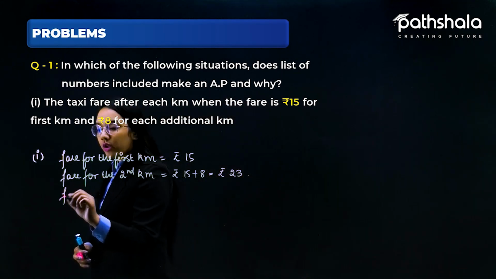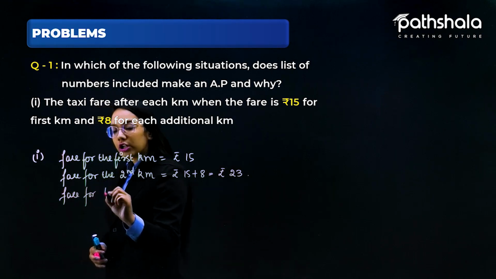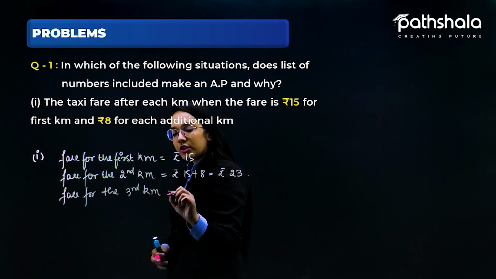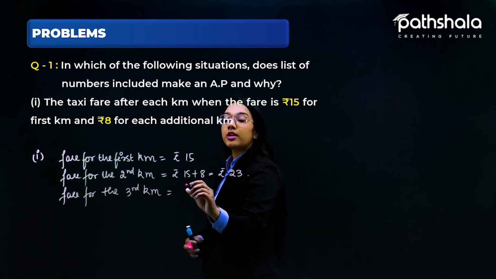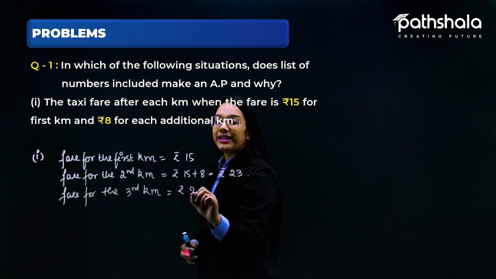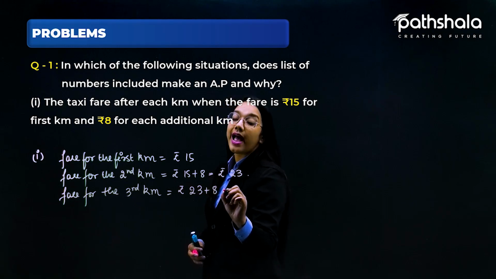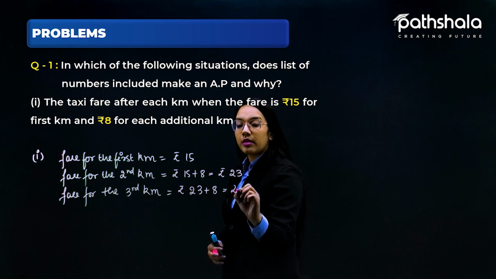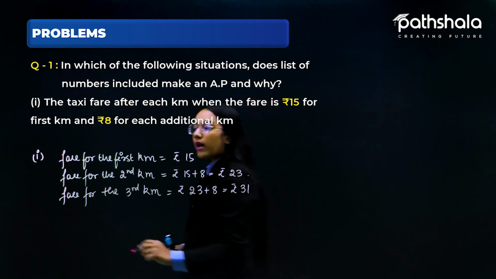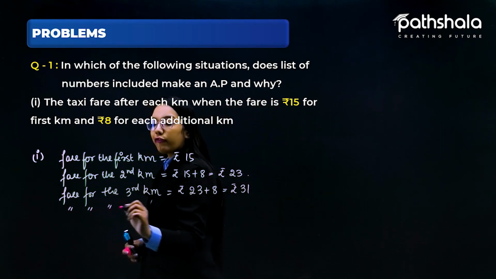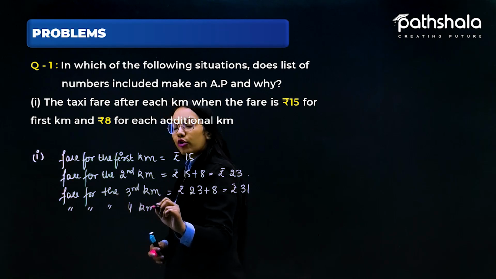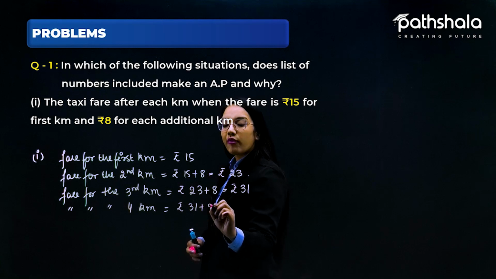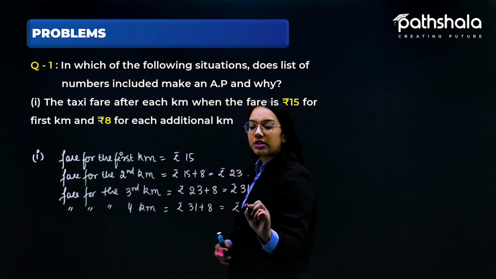Now again, the fare for the third kilometer would be rupees 23 plus 8, an additional 8 rupees, so this is rupees 31. For the fourth kilometer, rupees 31 plus 8 would be rupees 39.